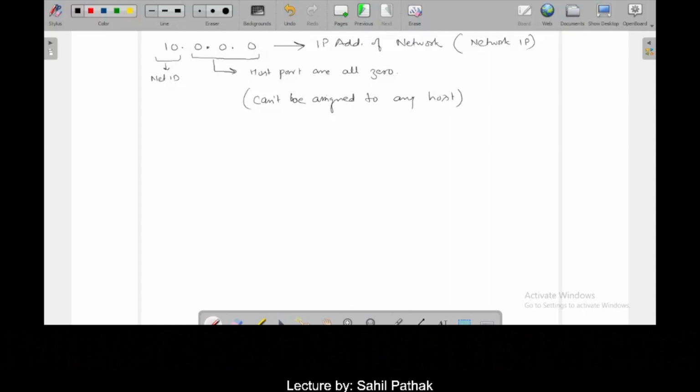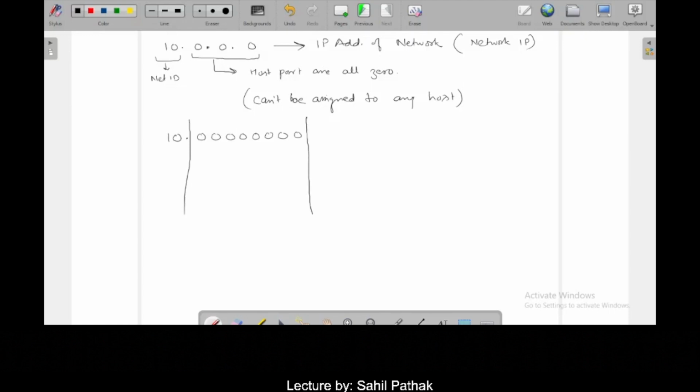Now we can see how it is being assigned. So 10 is remaining as it is, and now we can distribute for the further octets.